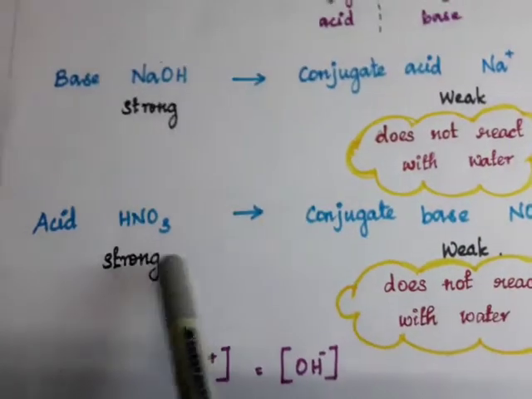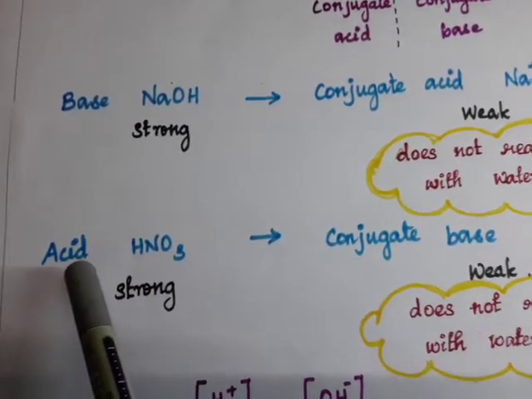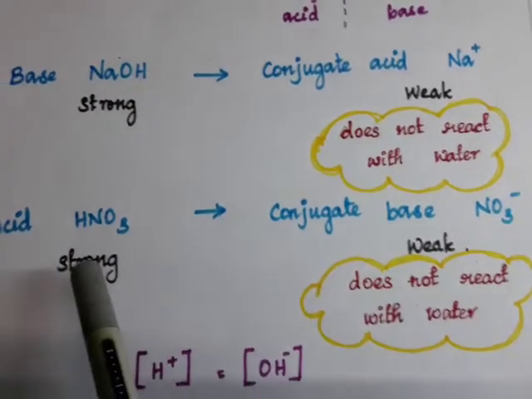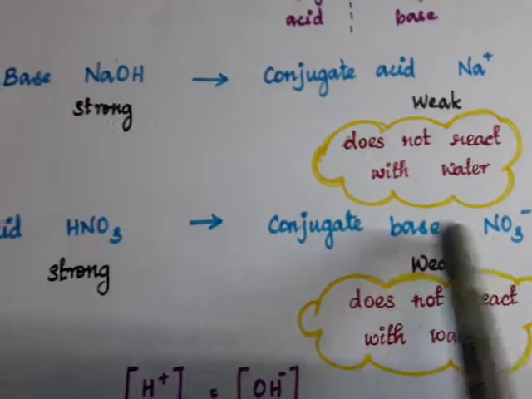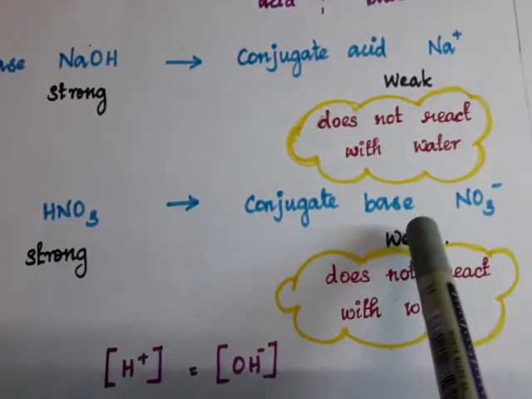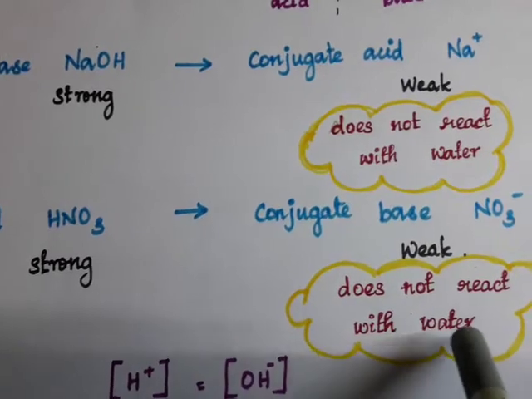We'll go to the acid. What acid have we taken? The acid is nitric acid, and the conjugate base of this nitric acid is nitrate ion, NO3 minus, right? As we know, if the acid is strong, then the conjugate base will be weak, which means it does not react with water.